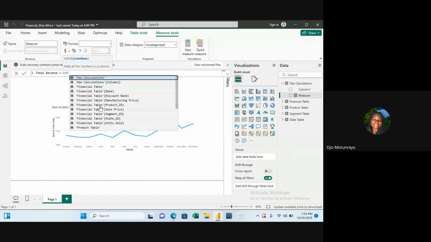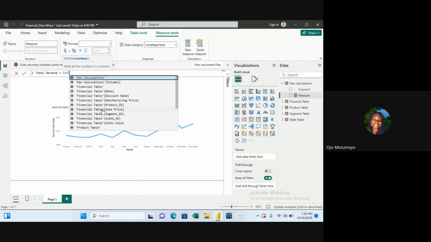It's a very intelligent tool because it has even called it out. So your table name, sales price, because for you to get revenue normally, it is sales price times unit sold.